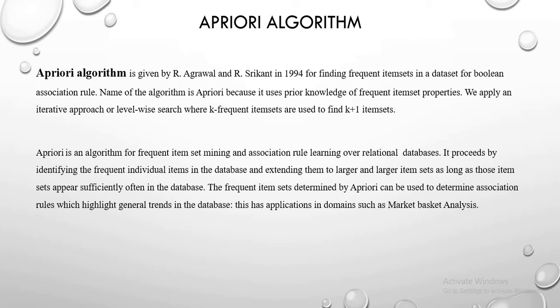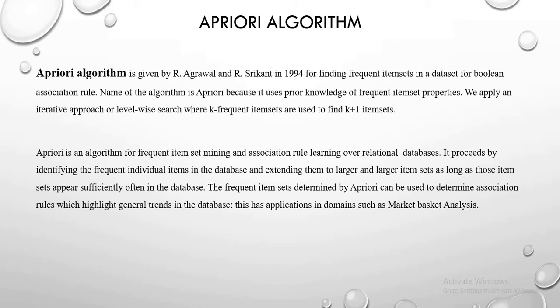Apriori is an algorithm for frequent item set mining and association learning over relational databases. It proceeds by identifying the frequent individual items in the database and extending them to larger item sets, as long as those item sets appear frequently in the database.